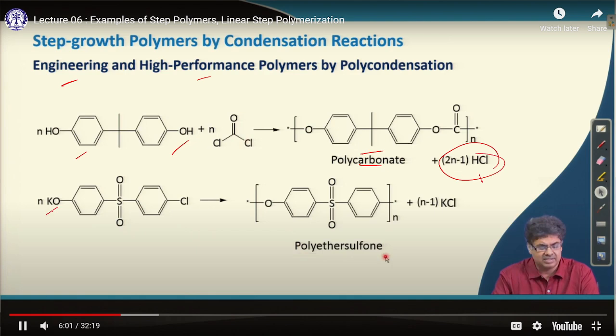And this is the potassium salt of this monomer. When this potassium salt reacts, it removes K from here and Cl from here as KCl, and by head to tail arrangement it will form polyether sulfone. So it has an ether group and a sulfone group, polyether sulfone.